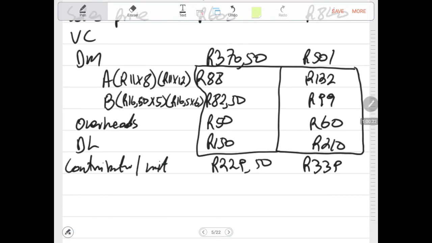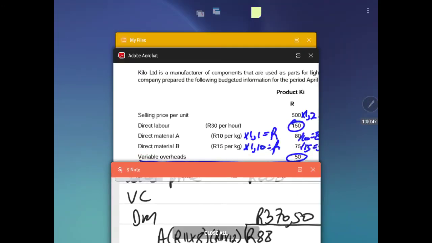Contribution per unit. Now we need to multiply this by what you call the sales mix ratio. Sales mix ratio is more like answering the question to say how many units of product A are sold compared to product B, which is LO and KI in this case.